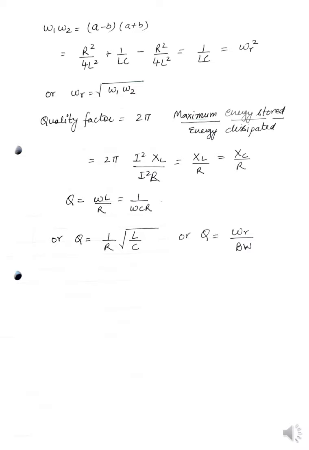So when the supply is there or not there, whatever the maximum energy stored is, it can be across your inductor or across the capacitor. So we can say 2 pi I square XL. Energy dissipated will be across only the resistance, so it will be I square R, and then I square will cancel.